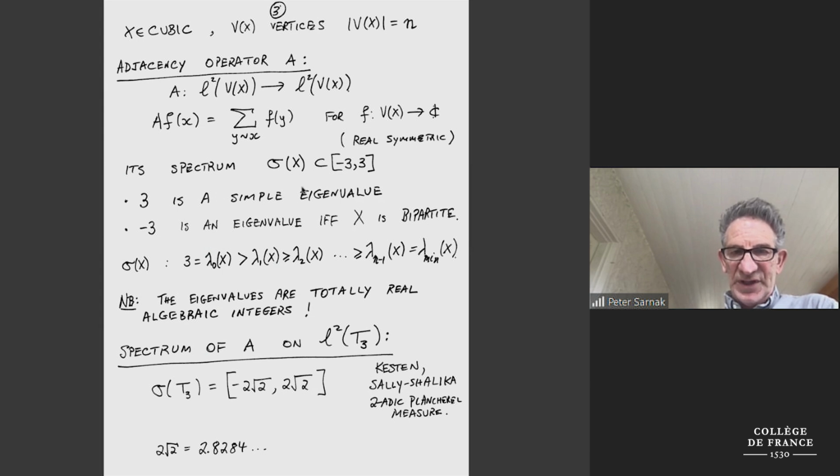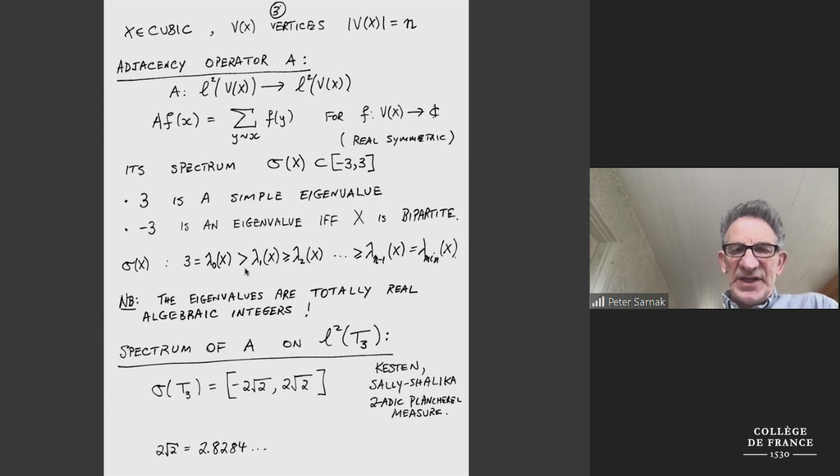So all the eigenvalues are between -3 and 3. And since I've assumed that the graph is connected, it's also an easy exercise to see that 3 is a simple eigenvalue, and the only other eigenvalue that has an immediate meaning is -3, which is an eigenvalue, simple, if and only if X is bipartite.